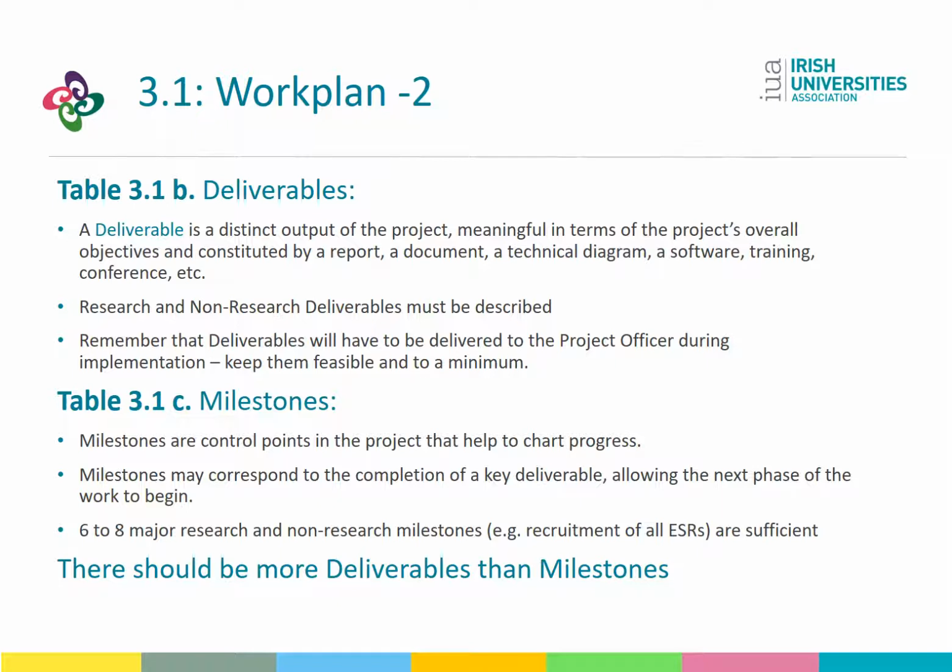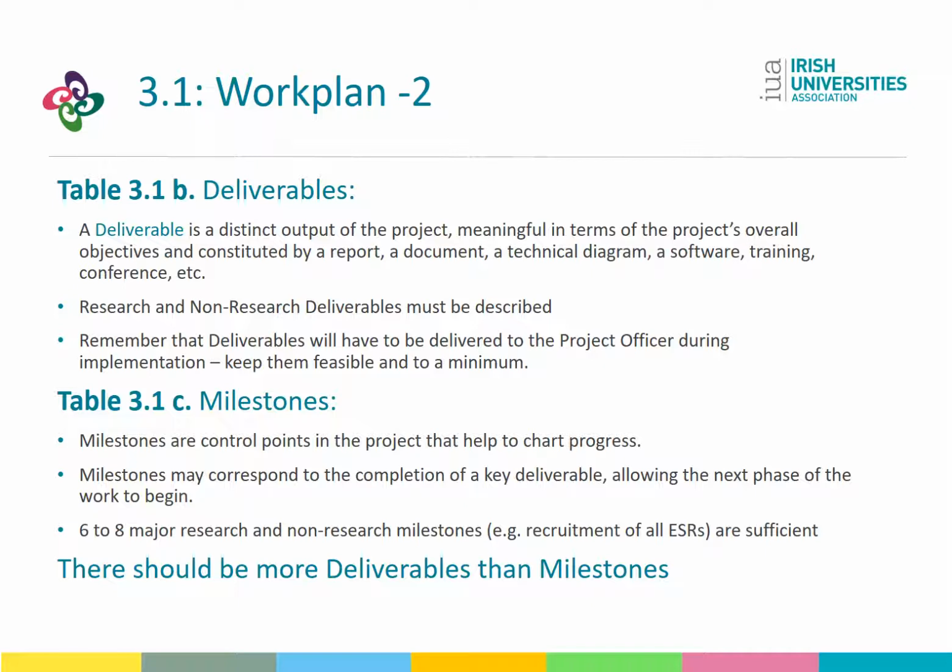Both research and non-research deliverables must be described. And remember that deliverables will have to be delivered to the project officer during the implementation, so keep them feasible and to a minimum, however, still to a number that will reflect the ambition of your program.